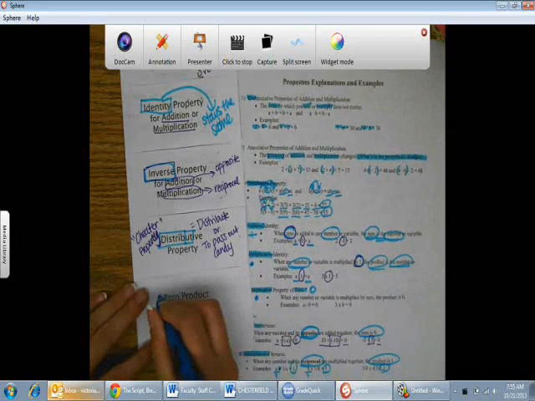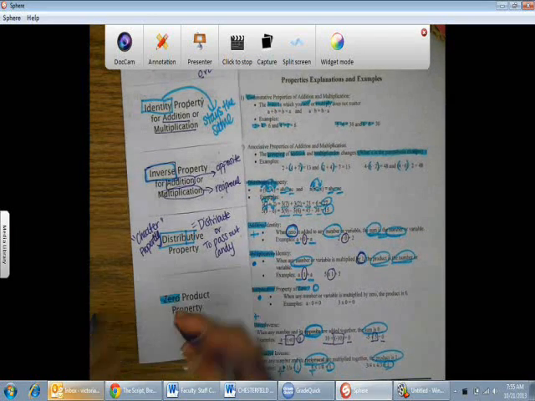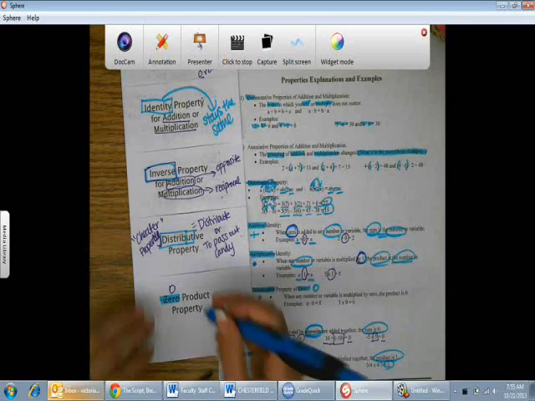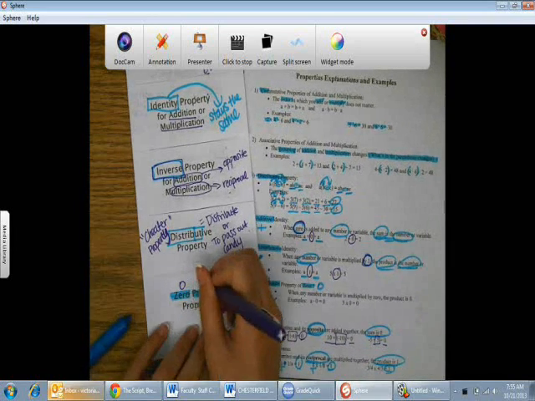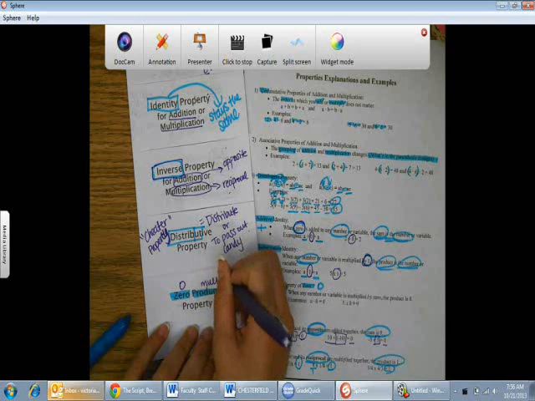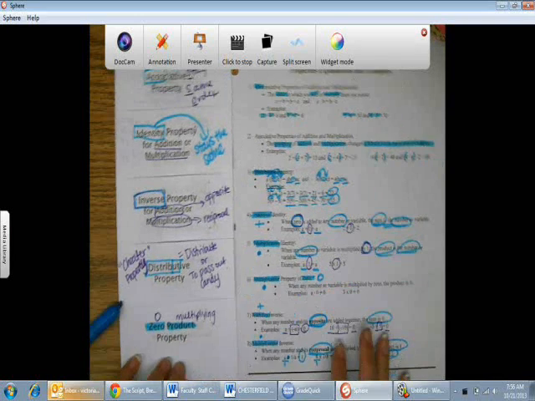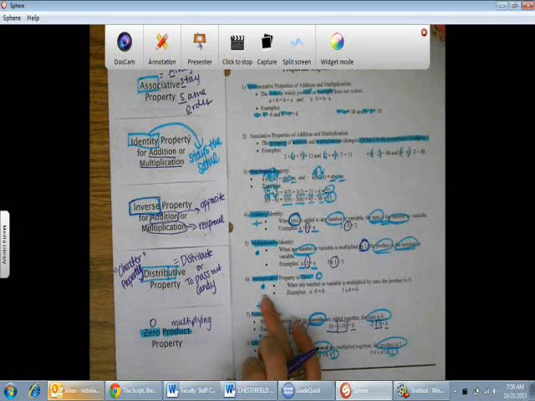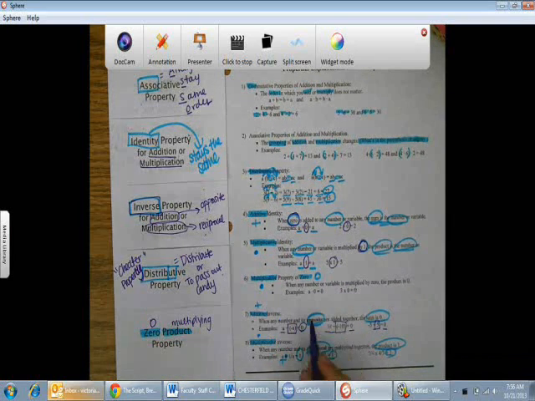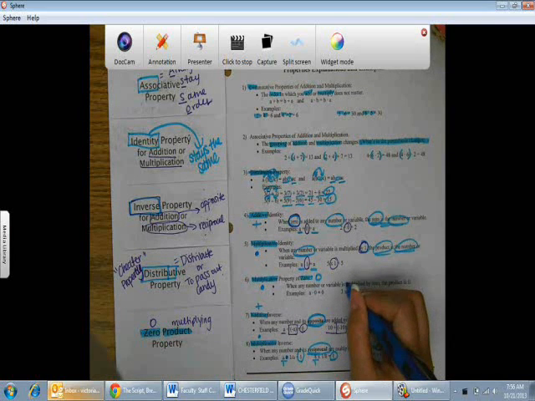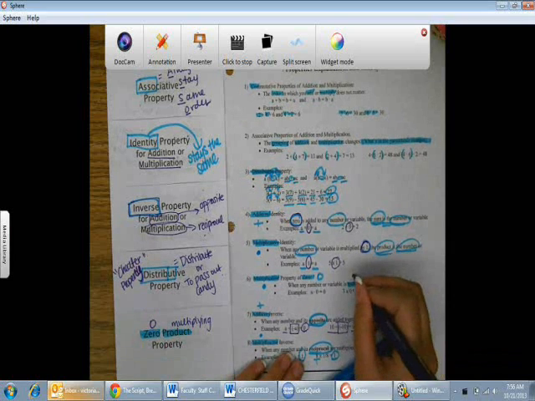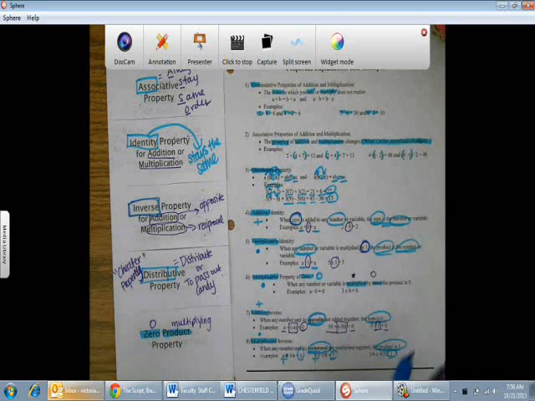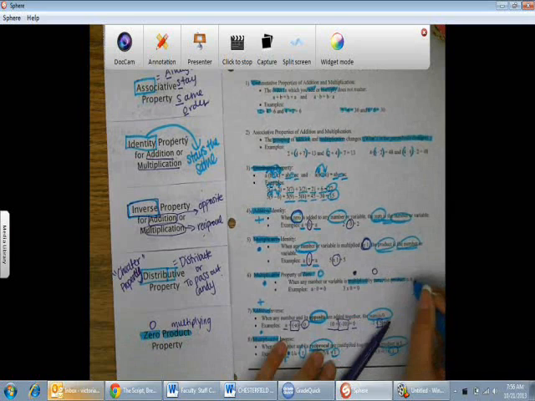Same thing, 0 meaning 0, product meaning that you are multiplying. Okay, so number 6 on your sheet says that when any number or variable is multiplied by 0, the product, or the answer, is 0.